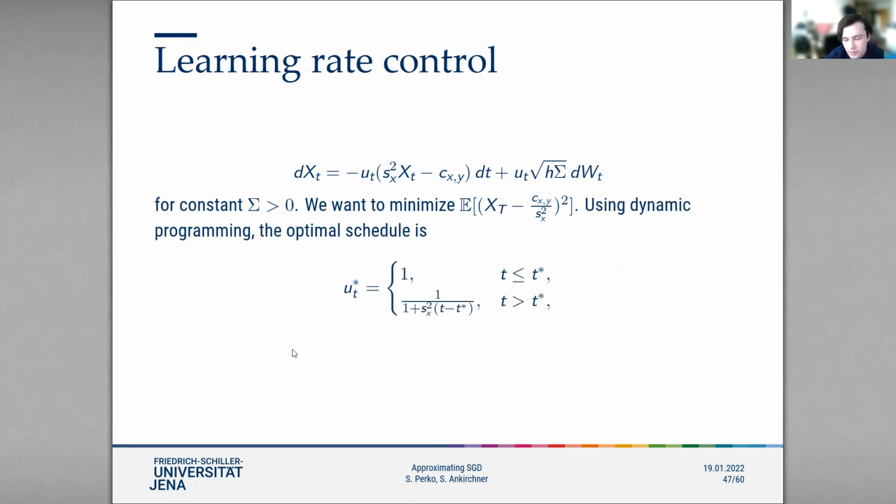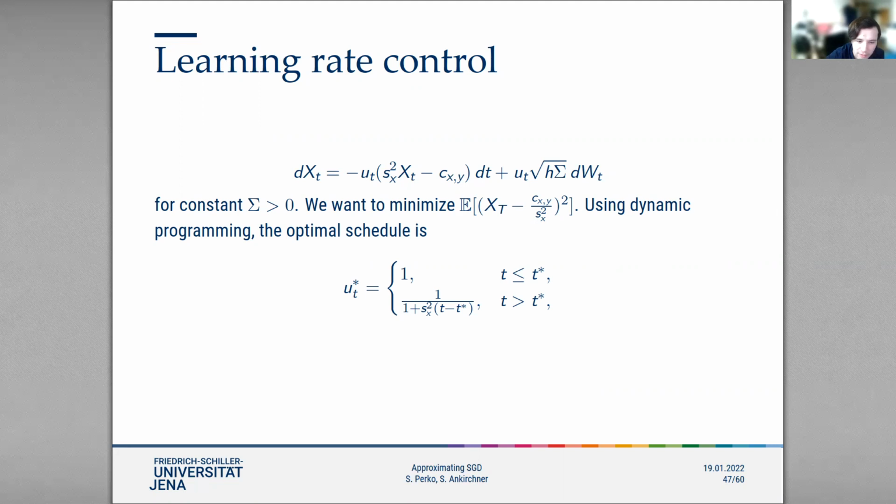And we can do this using something called dynamic programming, which you may know from algorithm theory, but it also is a method for solving optimal control problems in discrete time. And it also works in continuous time via something called the Hamilton-Jacobi-Bellman equation.